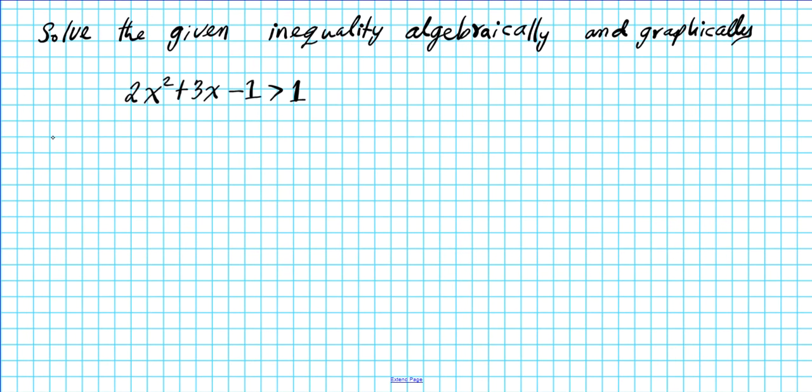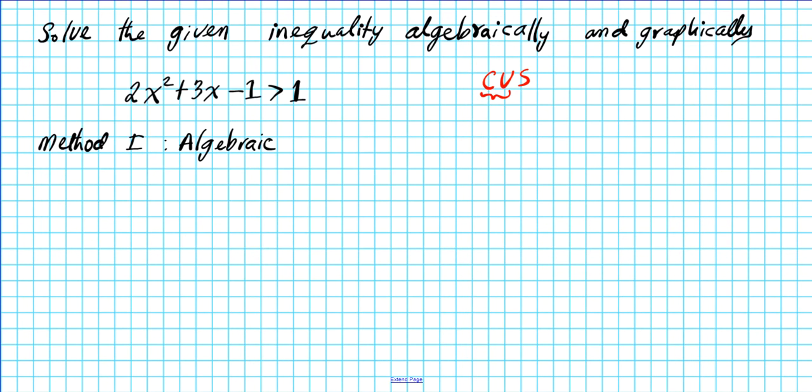So let's start with the first method, the algebraic solution. Let's title it method 1, algebraic. Whenever you think of solving quadratic inequalities algebraically, you want to think about the acronym CVS, like the store you go to get your prescription medication.